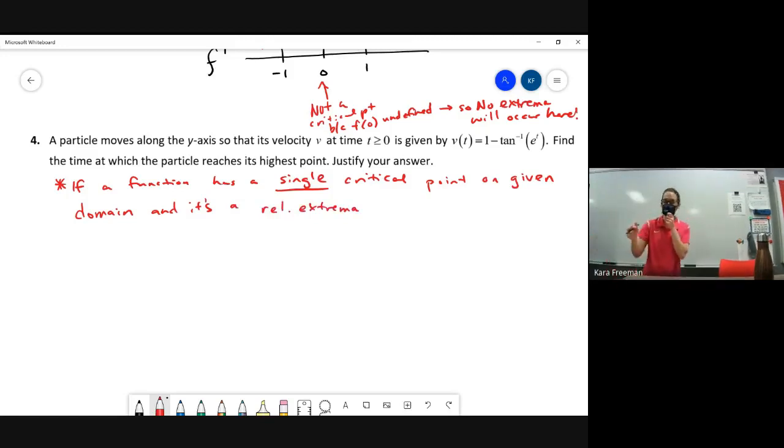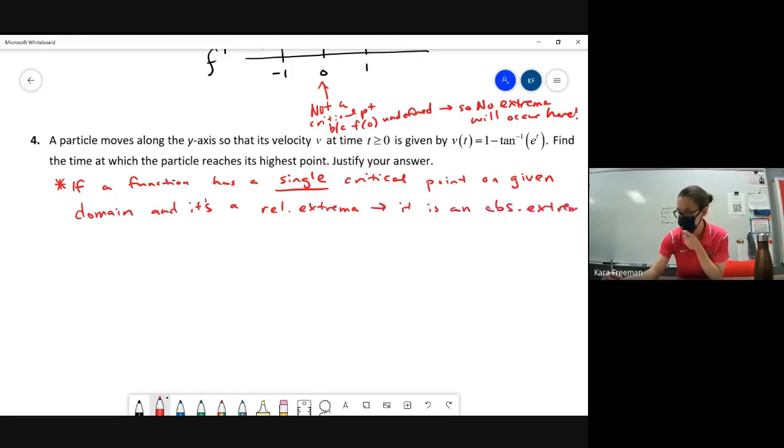If you find that it is a relative extrema, then it is an absolute extrema. Sorry, my handwriting is getting a little sloppy. Let me know if you can't read any of that. So if you have one single critical point and it is a relative max, then it is an absolute max, or a minimum.